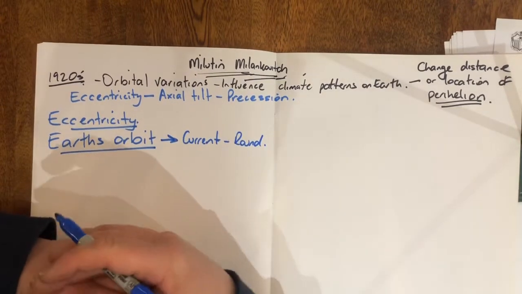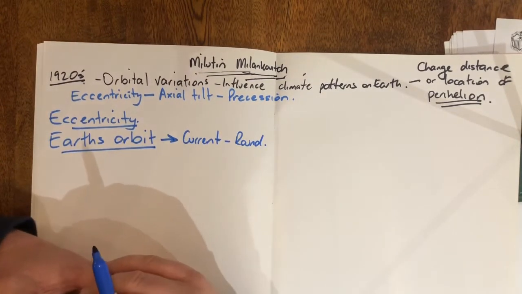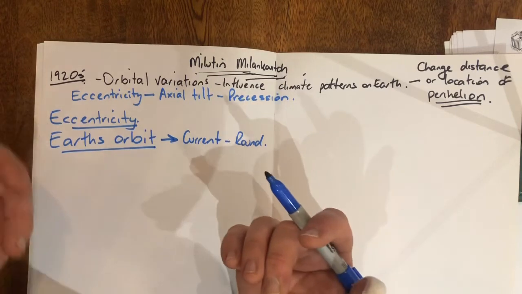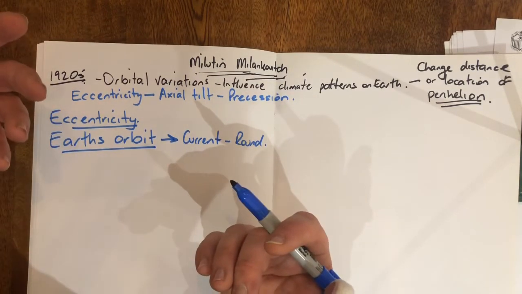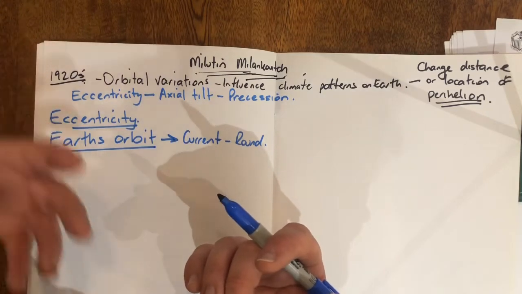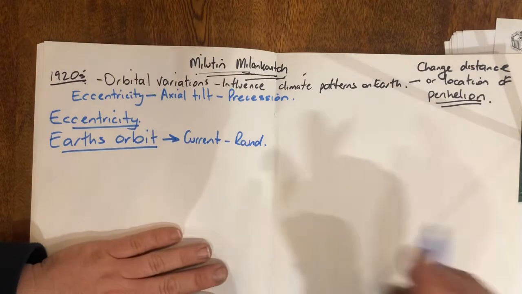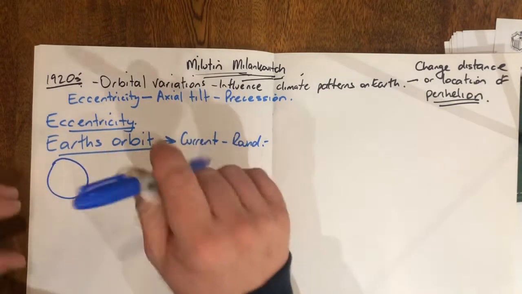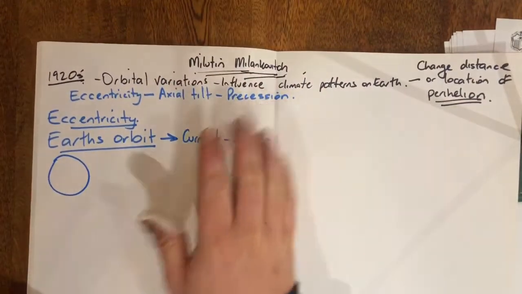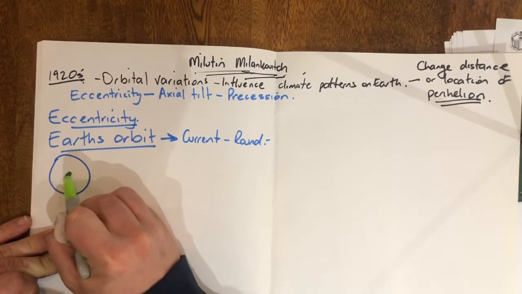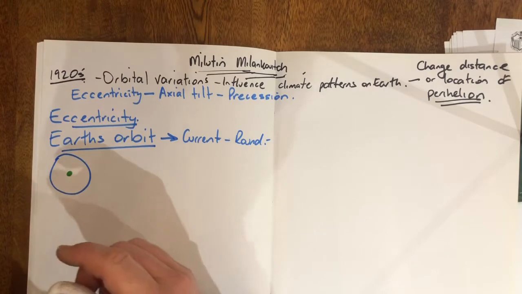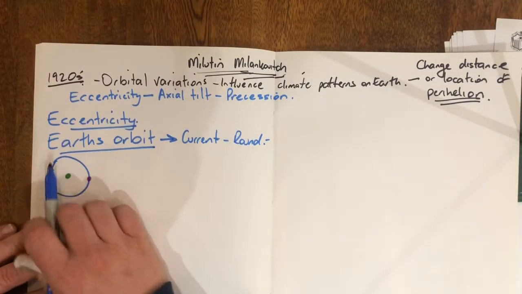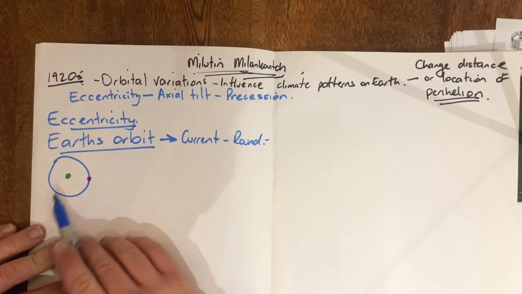However, if the Earth's orbit changes shape, then it will change the different seasons that we have, and it will mean that some parts of the Earth will have longer summers or shorter winters than others. I'm just going to draw a very poor orbit here. If I can show the sun as a green spot, and this little purple dot is the Earth. There is our nice even circle around the sun, our nice even orbit.